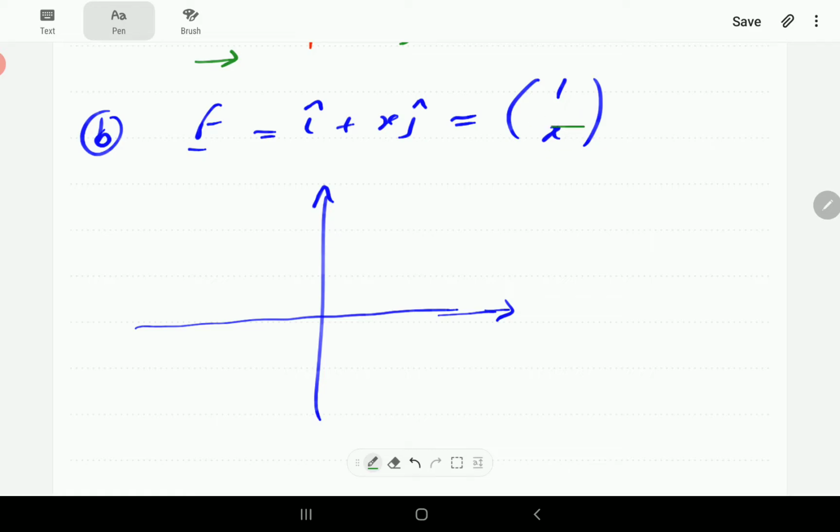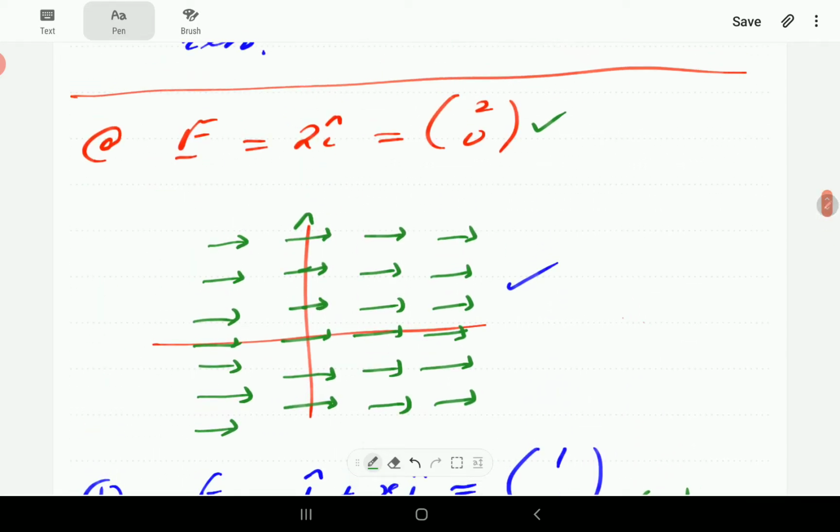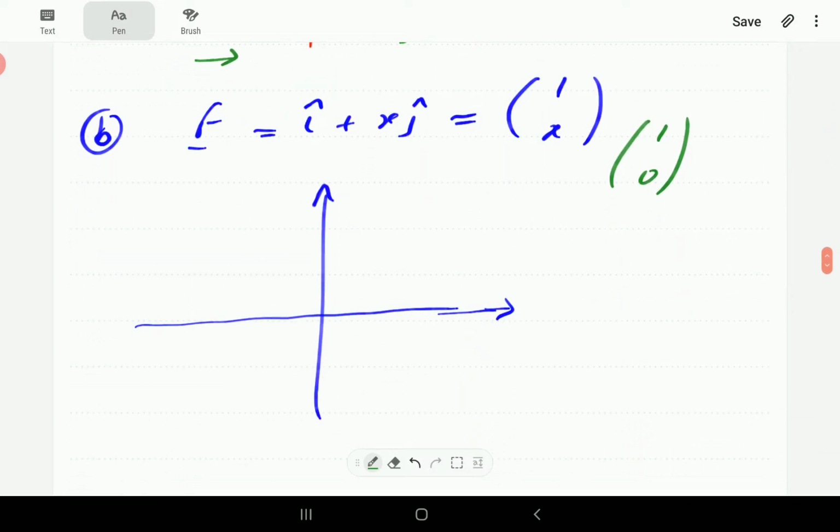So for instance here, we're going to start with the axis along which x is 0. So along x is 0, this is always going to give us this vector. That's going to be a constant vector, similar to the one we just did. So this is saying along the vertical axis, this is what we are going to have.